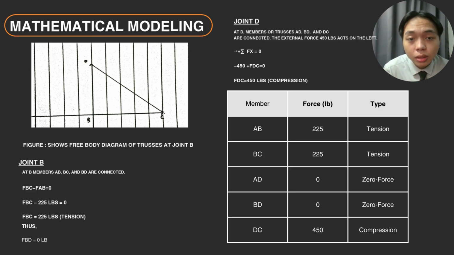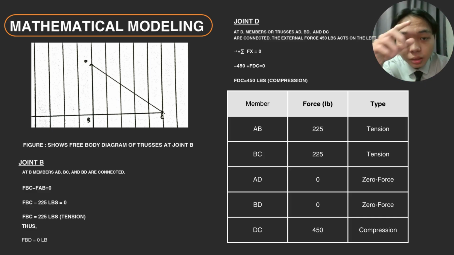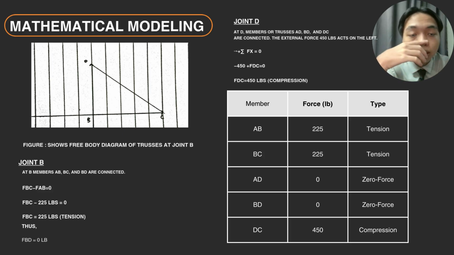And then as we can tell, the 450 pounds would be compression FDC, since it goes to the left side. And then, as you can see in the table here, the member forces and types, the way they point out. The first member FAB, the force would be 225 and the type would be tension.